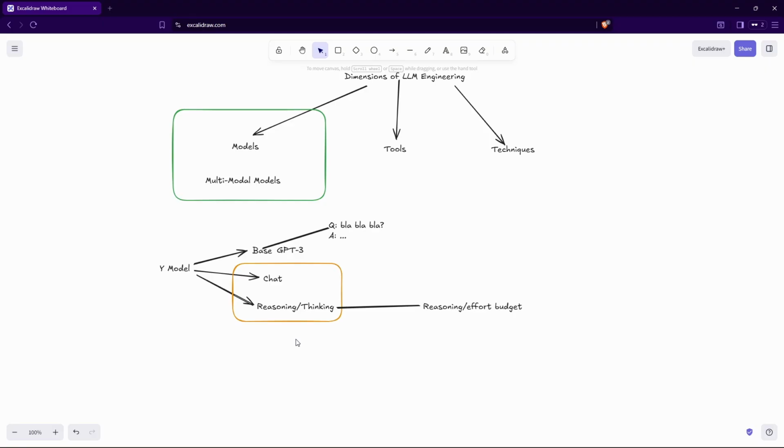A PhD has really high domain knowledge in a specific area, and sometimes LLMs lack specialization when it comes to a specific domain. So this is the lack of domain knowledge.